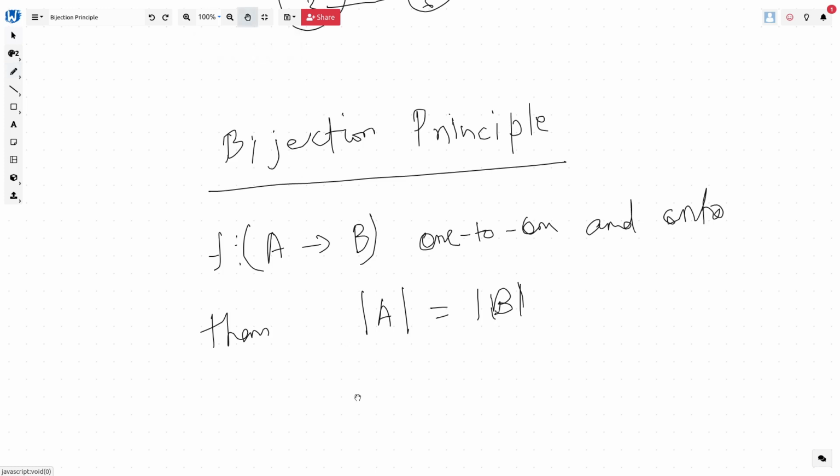This is a very crucial and one of the most used principles in counting.